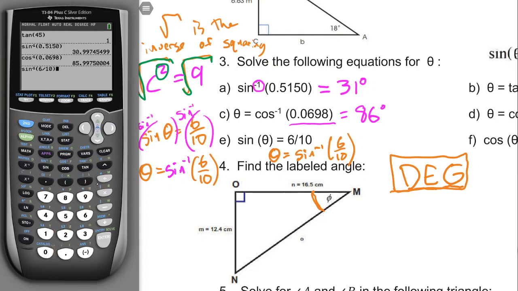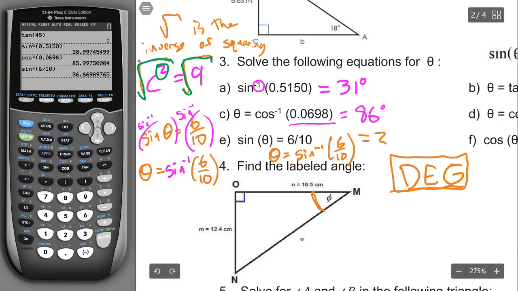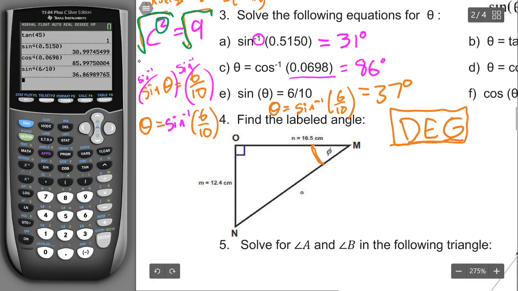Now that's if you've got what I'd call a forwards calculator. By now you've probably figured out if you've got a forwards calculator or a backwards calculator. On a forwards calculator, you see this is 36.86. So this is 37 degrees if we round to the nearest degree. Now, if you've got a backwards calculator, the way you do this is you do 6 divided by 10 equals, and then you do second sine.